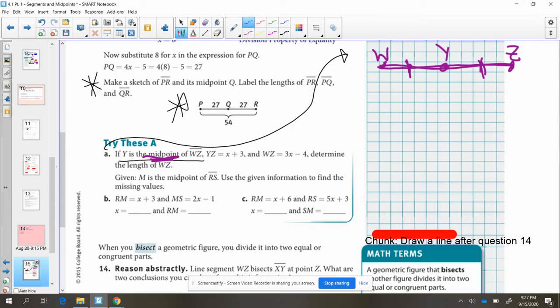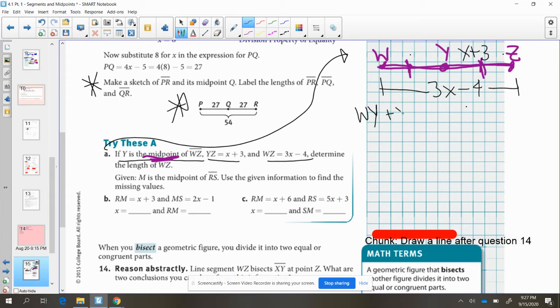Now we are also given in this information that segment YZ is x plus 3 and segment WZ is 3x minus 4. Okay, notes WZ. Now, we chatted in the last lesson about taking small guy plus small guy and having it equal the big guy, right?